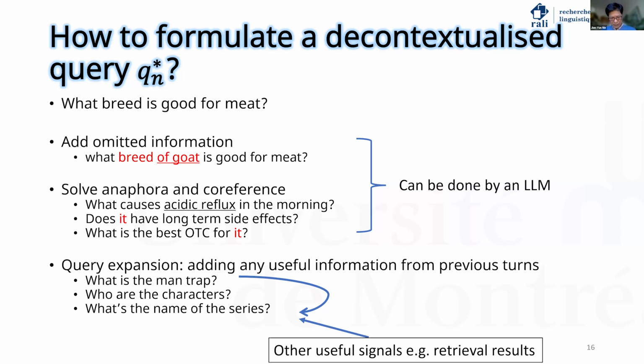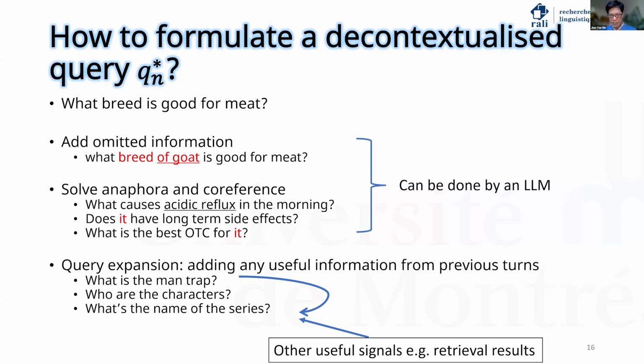And another one is that we have some feedback from retrieval results. That is, the purpose of producing a new query is to improve search results. So we can observe whether adding some information into the query can really improve the search results.